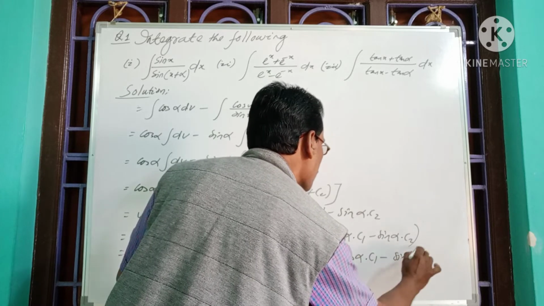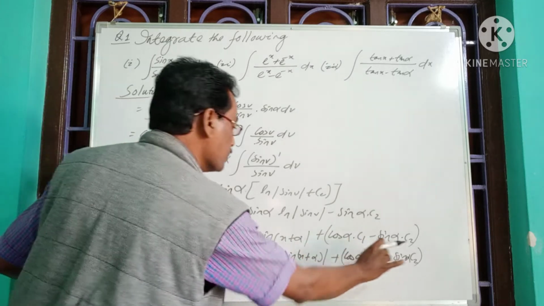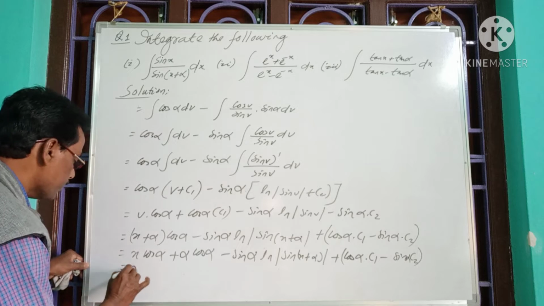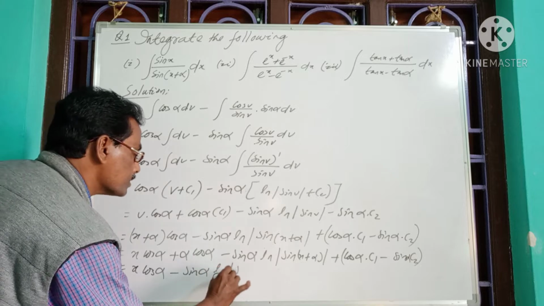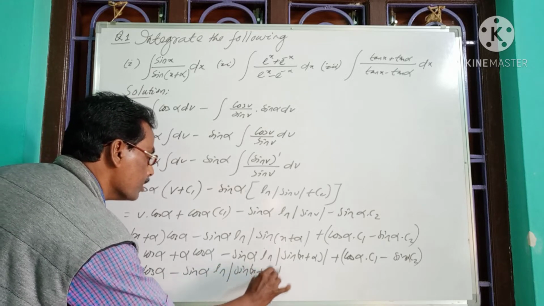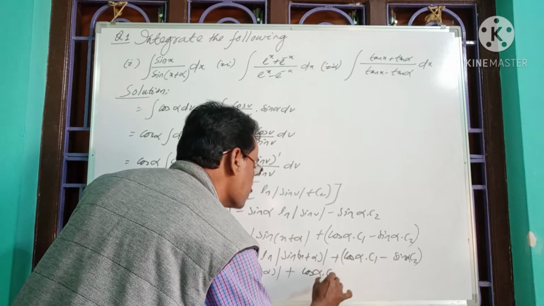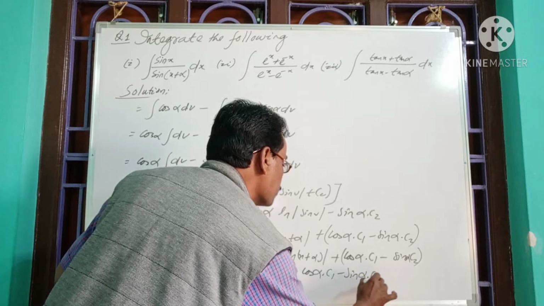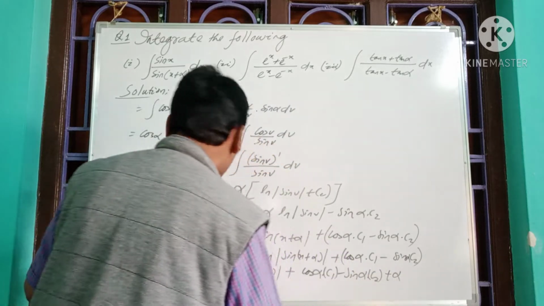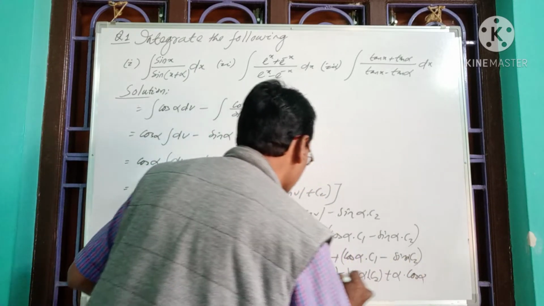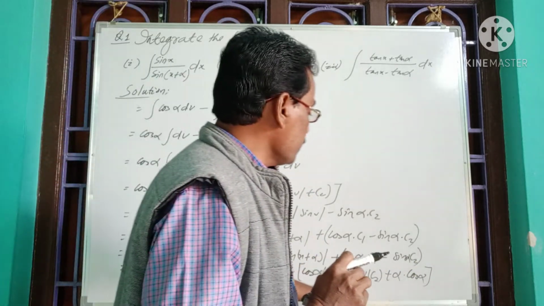So again collecting the constants and the variables, we have x into cos alpha minus sin alpha into ln of mod sin of x plus alpha plus cos alpha into c1 minus sin alpha into c2 plus alpha into cos alpha, which is the constant. So now we have collected all the functions of x along with all the constants.